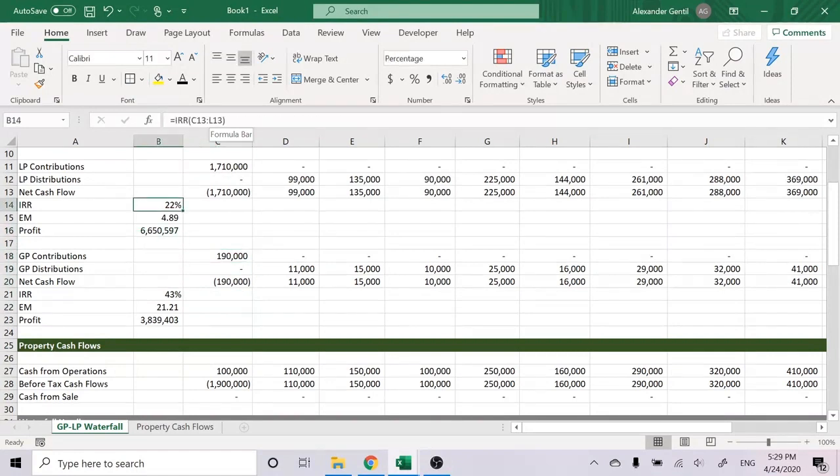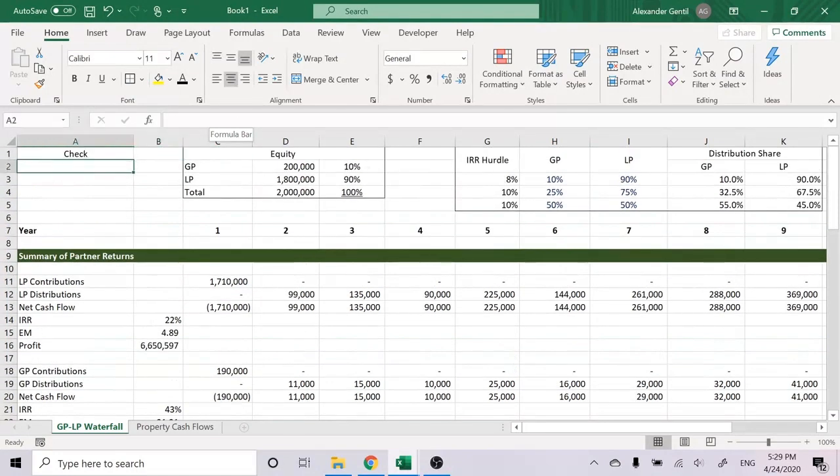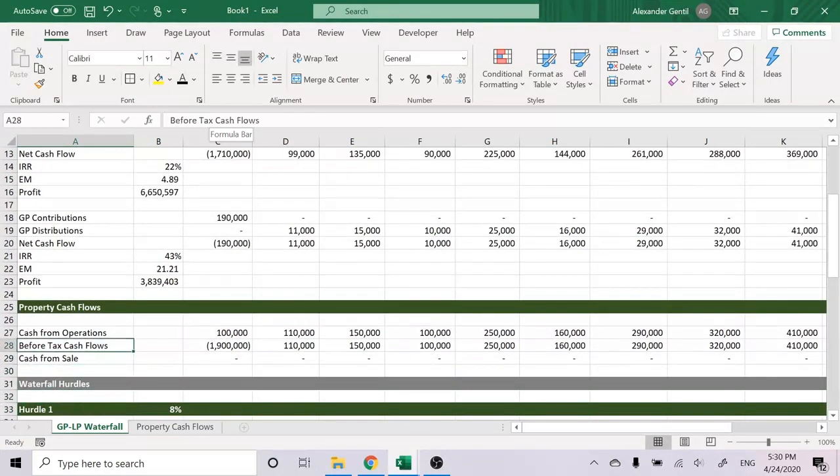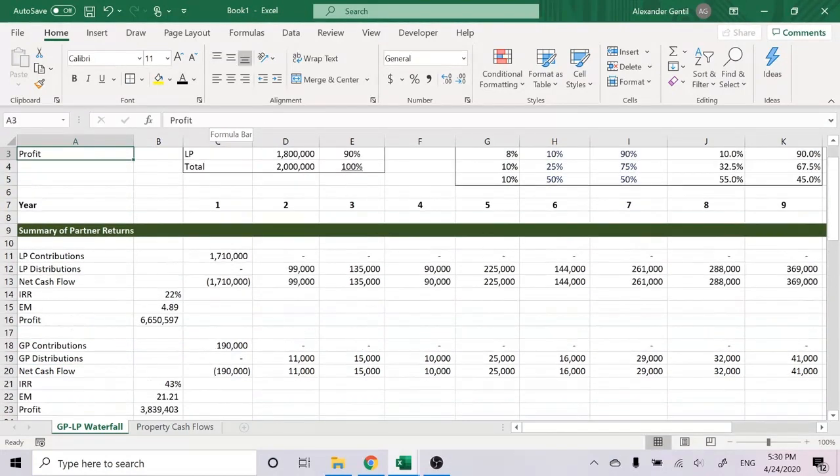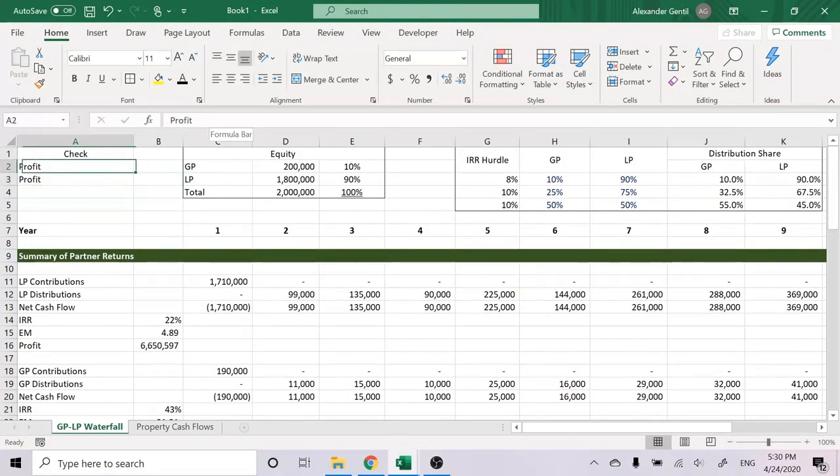Clearly, the general partner gets a big return here from making the property perform better. And just as a final error check, I want to check the profits of each of the cash flows, so that they're the same. Because if the profit from the property is different than the profit that I distributed, then I'm distributing something incorrectly.